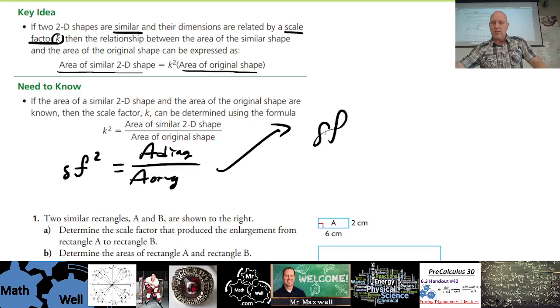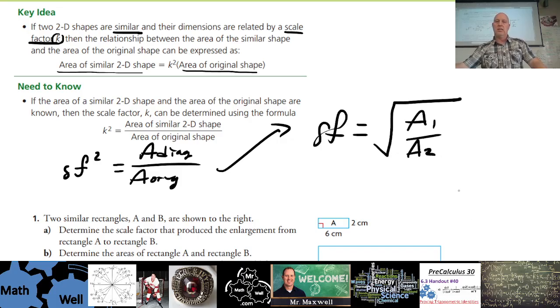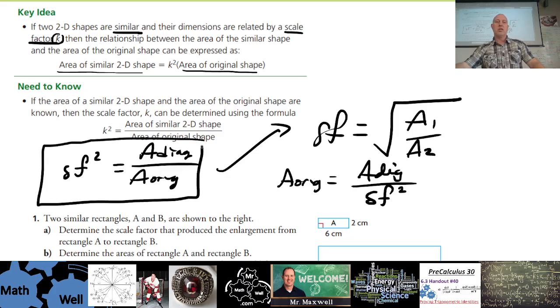The scale factor is the square root of the area 1 over area 2, right? You could isolate for the area of the original. So area of original is area of diagram divided by scale factor squared, see? So you could rearrange it all sorts of different ways.